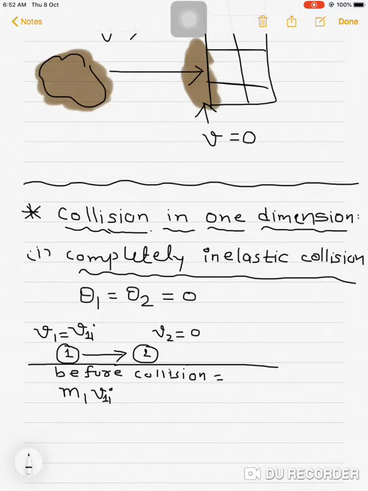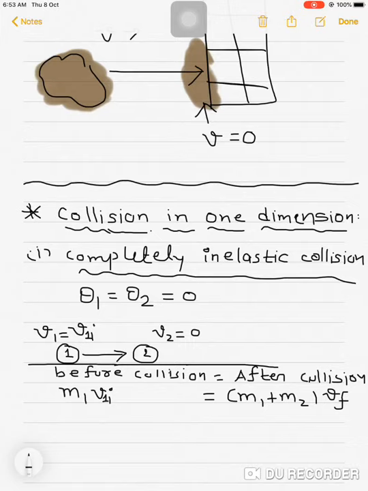As per the momentum conservation law, whatever is before should be after collision. Let us consider that velocity after collision is indicated by f. So after collision the new momentum would be m1 plus m2 into vf, where vf is the final velocity of the objects.